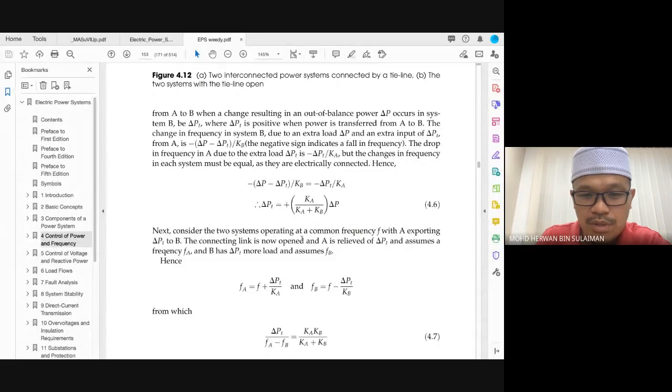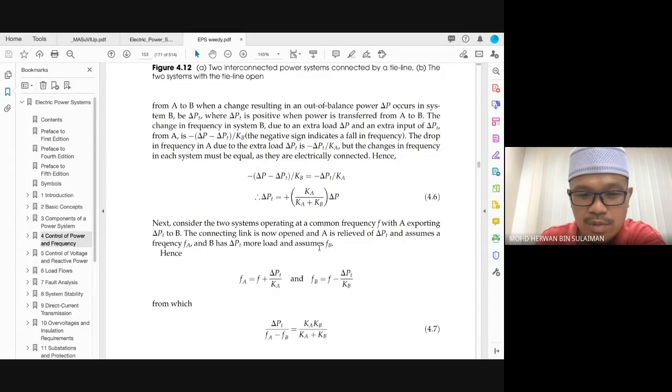We consider both systems operated at the common frequency, and then the connecting link is now open, A is relieved, and assume the frequency FA with delta PT more load. So when you have more load, F plus delta PT divided by Ka is your equation, and for FB this one must be negative.